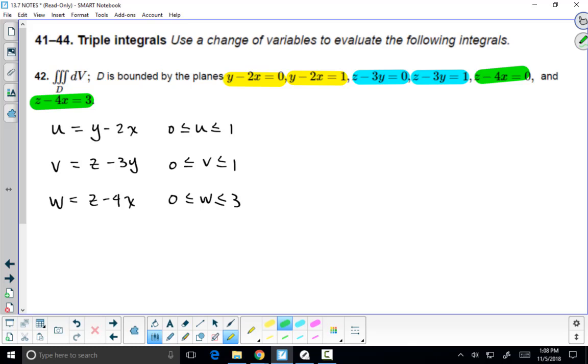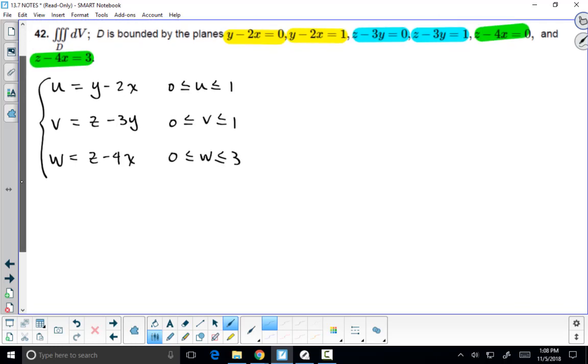Now we can't find our Jacobian until we solve that system for x, y, and z. The Jacobian is always the partials of x with respect to u and v, or in this case, u, v, and w. So we need to solve this system and write x, y, and z as dependent variables.